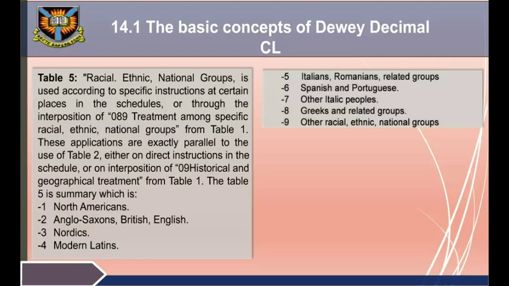The Table 5 summary is: 1. North Americans, 2. Anglo-Saxons, British, English, 3. Nordics, 4. Modern Latins, 5. Italians, Romanians, related groups, 6. Spanish and Portuguese, 7. Other Italic peoples, 8. Greeks and related groups, 9. Other racial, ethnic, national groups.